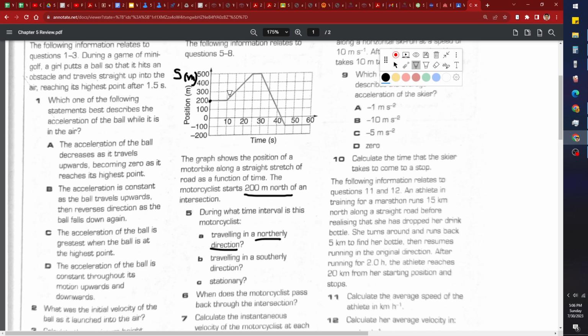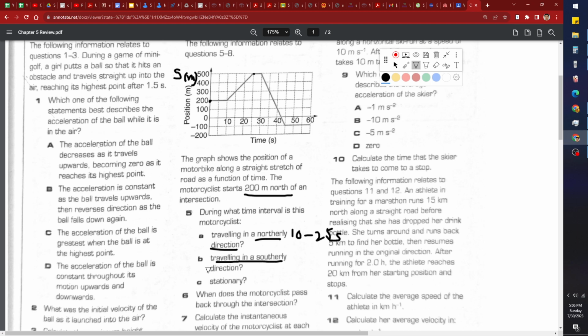Okay, so he's heading towards the north because his north value is getting greater. All right, so for us, it's between 10 to 25 seconds, in the middle of 20 and 30. Okay, so there it is.